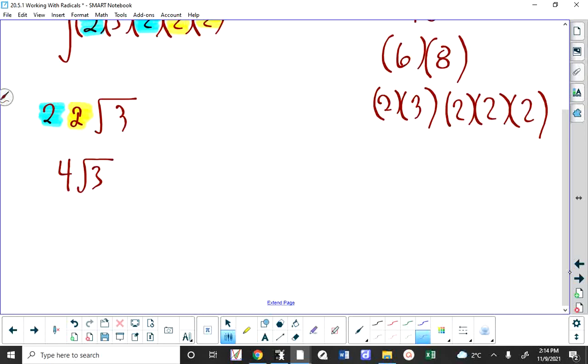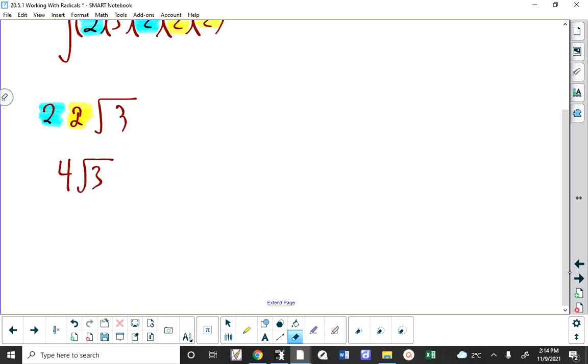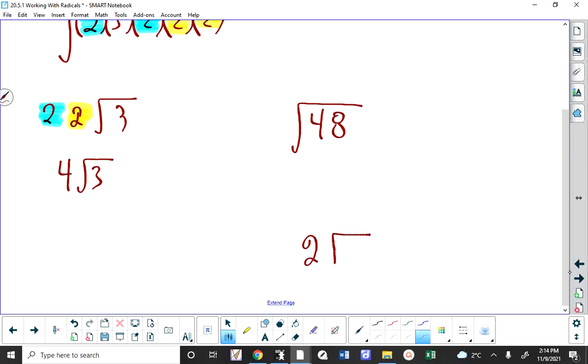I can tell you right now that if I give this problem to Math 10C students, I say simplify root 48, I get a lot of the time 2 root 12. Because the students look at 48 and they go, oh, wow, 4 goes into 48 12 times, and they're right. And the square root of 4 is 2, so you get 2 root 12.